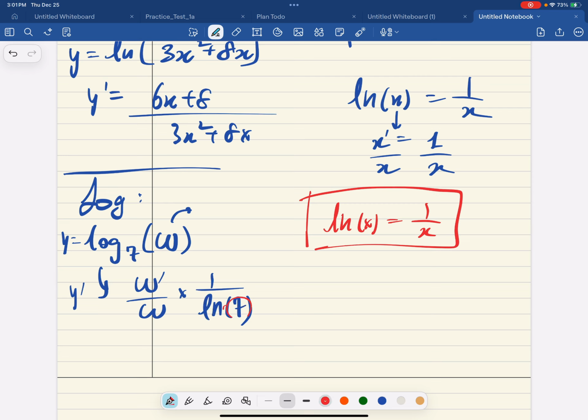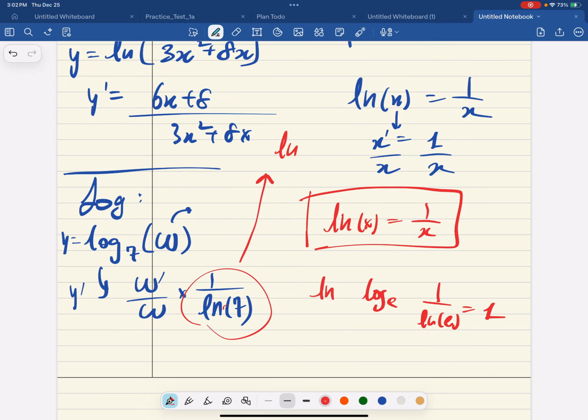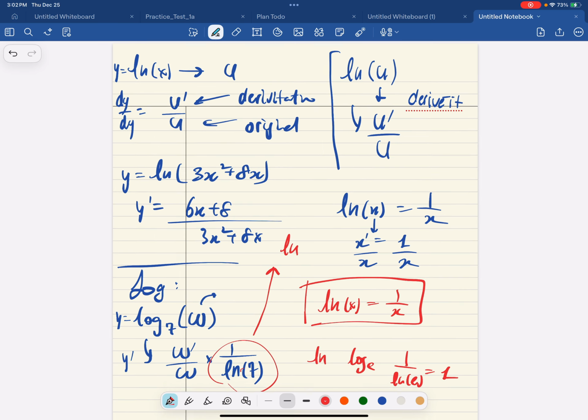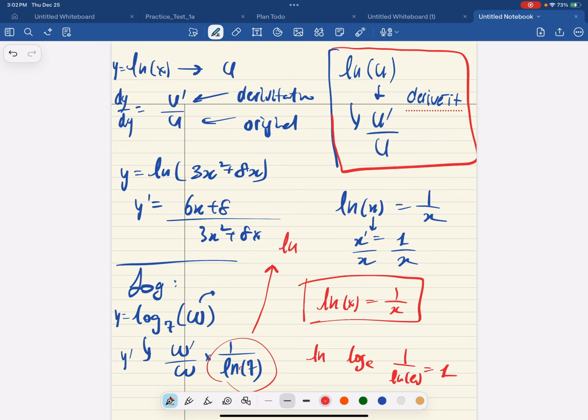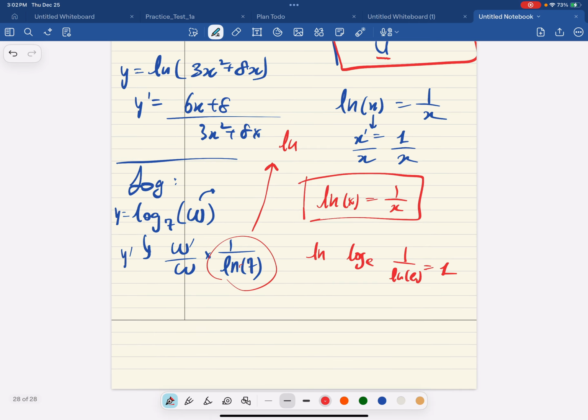The base of the log for ln is basically e, and 1 over ln of e is just 1. That's why this part doesn't exist in our ln derivative rule. It's just the inside prime divided by the original. There's no ln multiplied, because ln of e just gives 1. There's no point in writing that out, but that is what's happening.